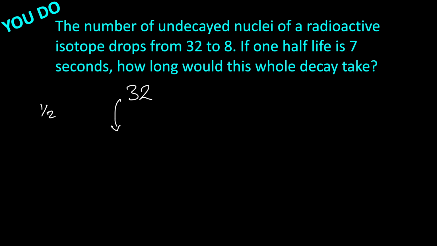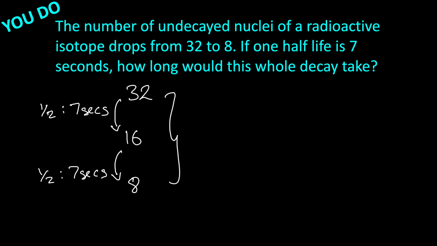So to go from 32 to 16 takes 7 seconds. And to go from 16 to 8 takes a further 7 seconds. Here we can see the process undergoes 2 half-lives. If 1 half-life is 7 seconds, this whole process takes 14 seconds.